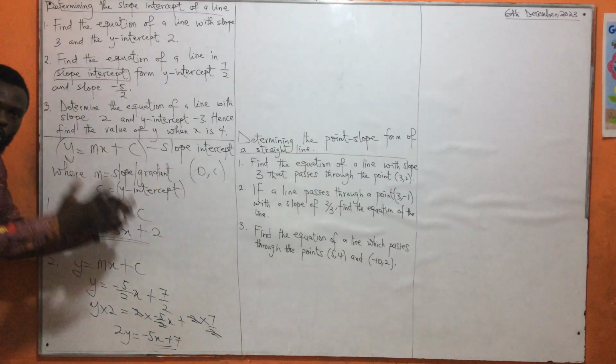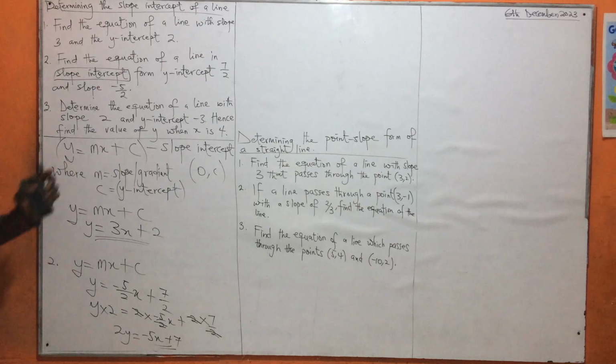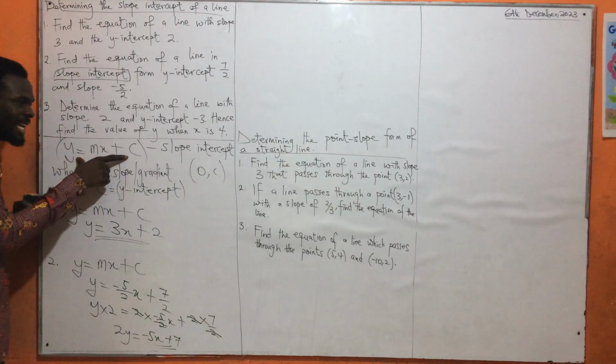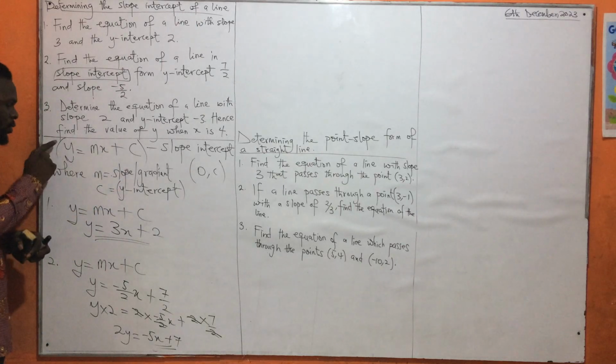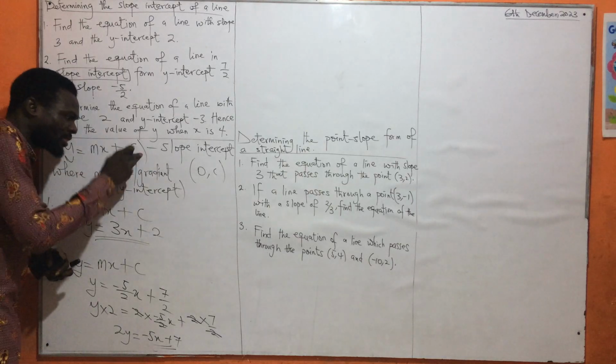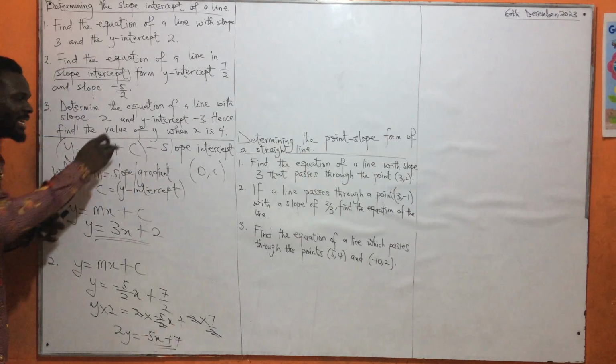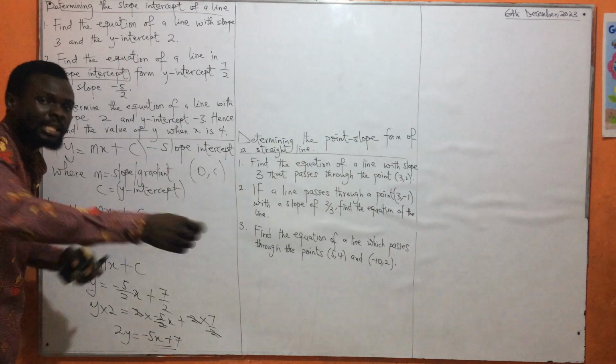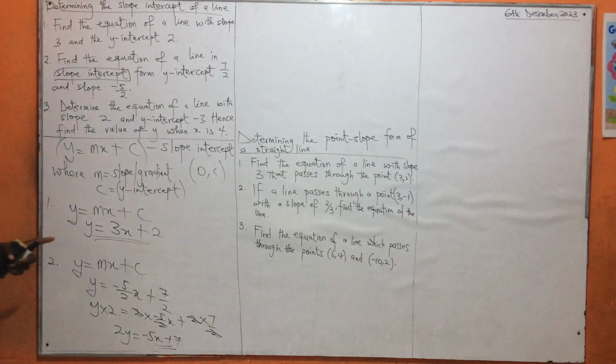If you are given the slope and the y-intercept, don't waste time. Quickly use the slope-intercept form, y is equal to mx plus c. m is the gradient, c is the y-intercept. Substitute and solve for it, if possible. And that gives you the equation of the line.